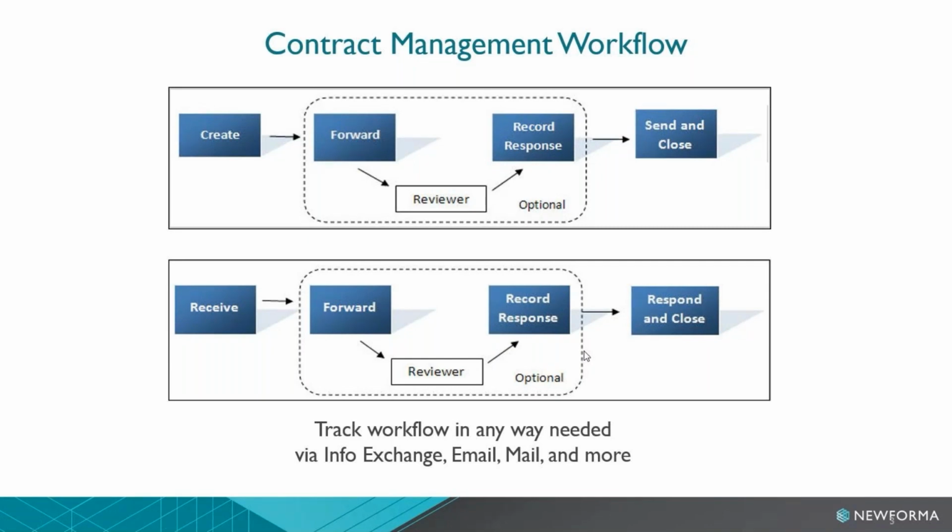So the difference here is I can forward it to a single person for review, or I can forward it to multiple people for review. I can record a single response, or I can record multiple responses, right? So just because we only have that blue box, which represents a step, there one time, that doesn't mean that that's the only thing that we can do with it. It's pretty flexible in that respect.